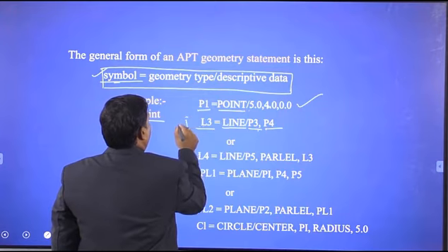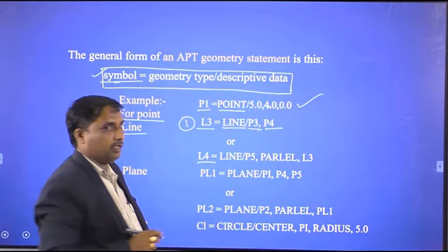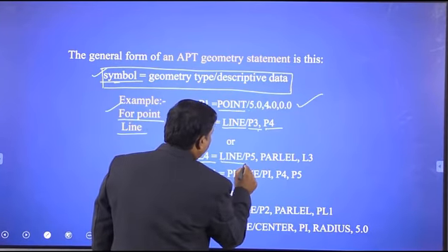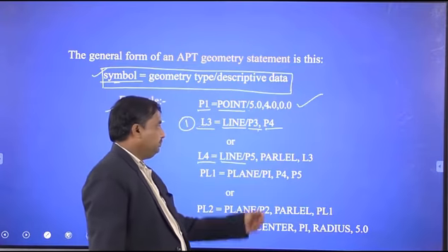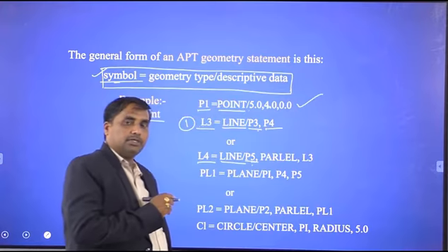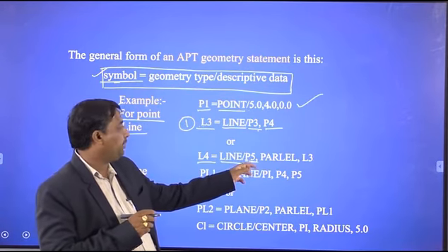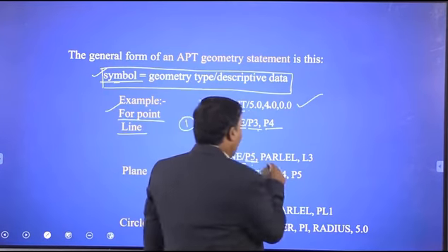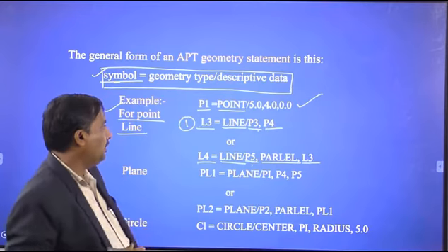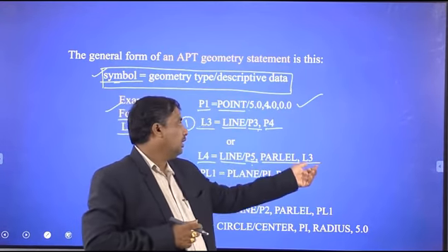Next, another way is L4. How will we define another line? L4 equal to line, geometry type is line, then P5, point 5, comma parallel, L3. That means the line passing through P5 and parallel to the line L3.